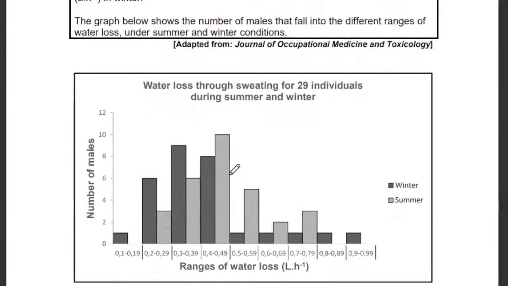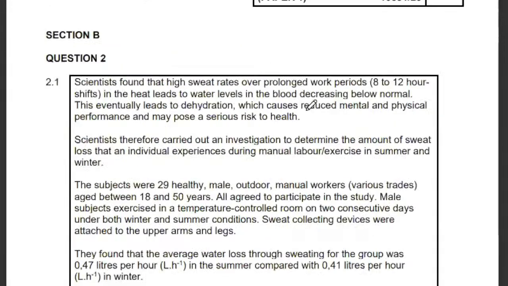Basically they're saying that water loss through sweating was measured for 29 individuals during summer and winter. If the scientists found a high sweat rate over prolonged work periods, meaning long work hours, then the workers tend to sweat and lose water to the environment.